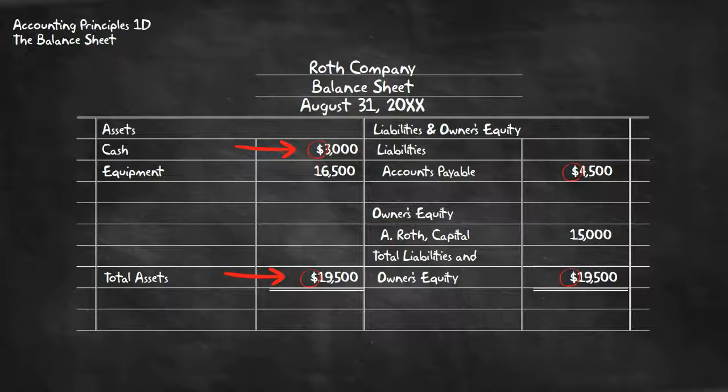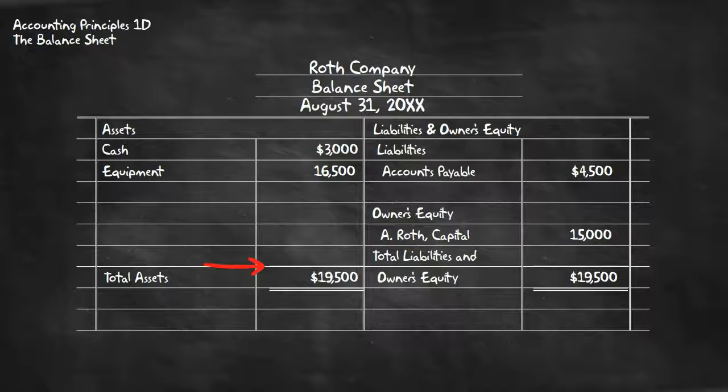There are also 2 types of lines on the balance sheet, a single line and a double line. A single line means the numbers above it have been added or subtracted. For example, see the single line here above the amount of total assets.